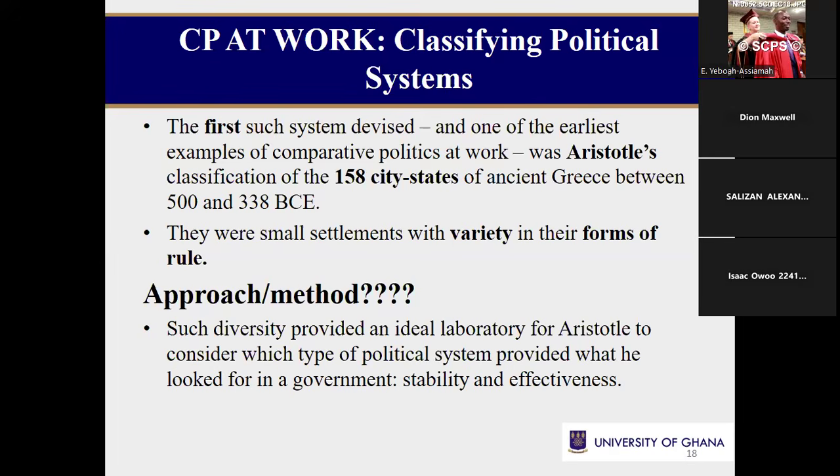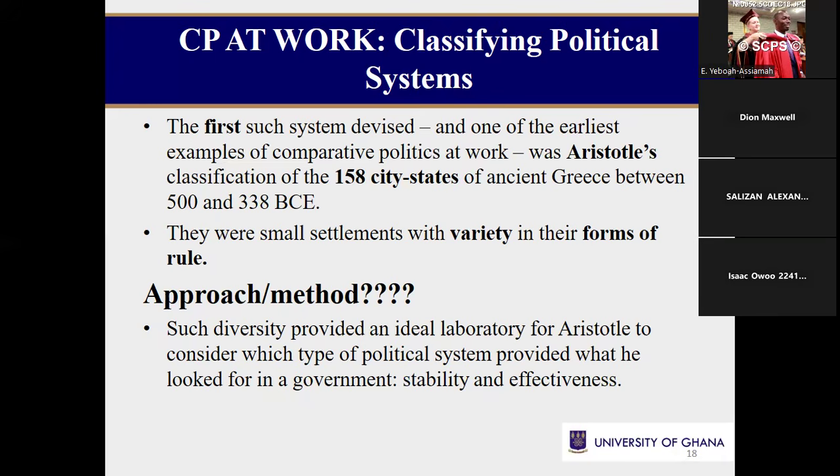One of the earliest examples is the work done by Aristotle. He classified 158 city-states. So note it very well. He classified 158 city-states of ancient Greece. And these 158 city-states, if it were today, we would say they were 158 different countries. Okay, let's picture it that way.